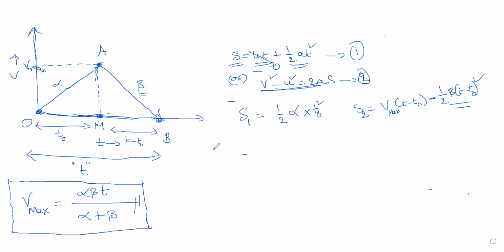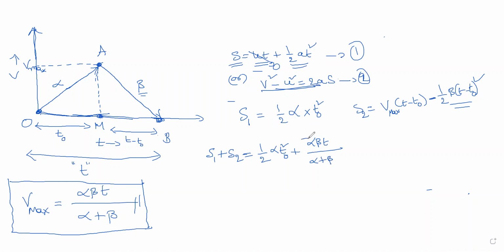So the total displacement is S1 plus S2, that is half alpha t naught square plus Vmax into, the Vmax value you had to substitute. Vmax is equal to alpha beta t divided by alpha plus beta.